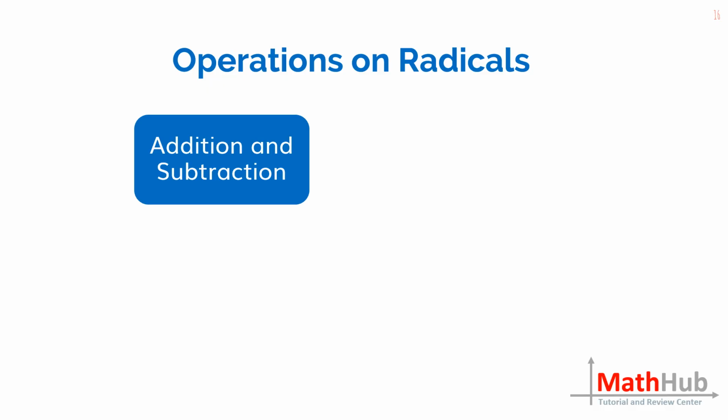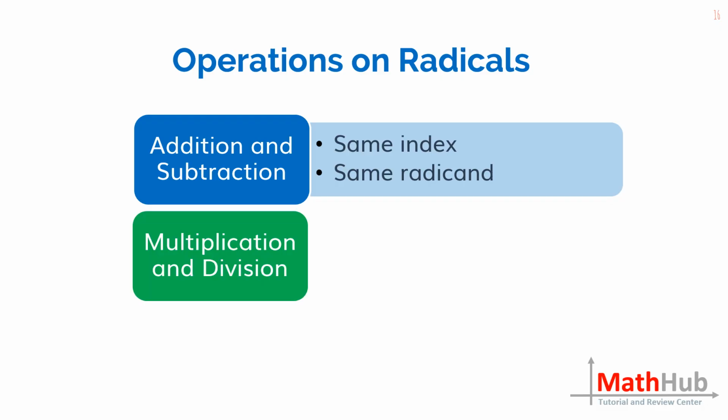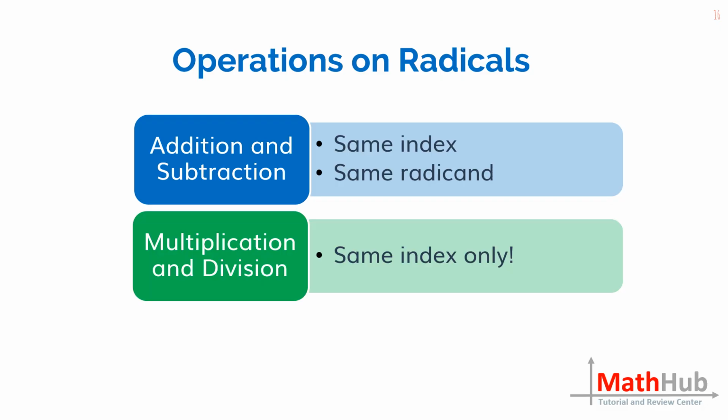Operations on radicals. Let us recall, if we're adding or subtracting, we need to have the same index and same radicand. However, for multiplication and division, we only need the same index. Why is that? Because for radicals, we have nth root of a times nth root of b is equal to nth root of ab.